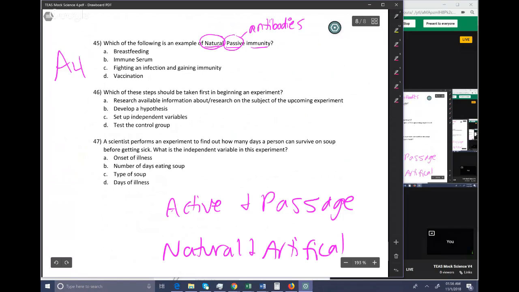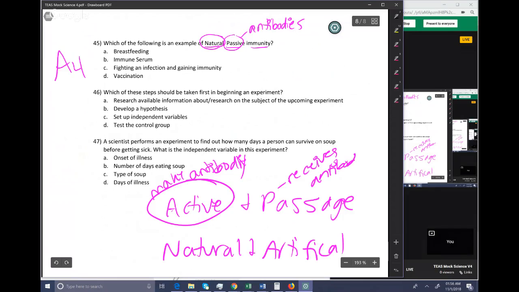That totally skips the entire active process of making an antibody. So if it's active, it makes an antibody. If it's passive, it receives an antibody from somewhere else that somebody else already made.